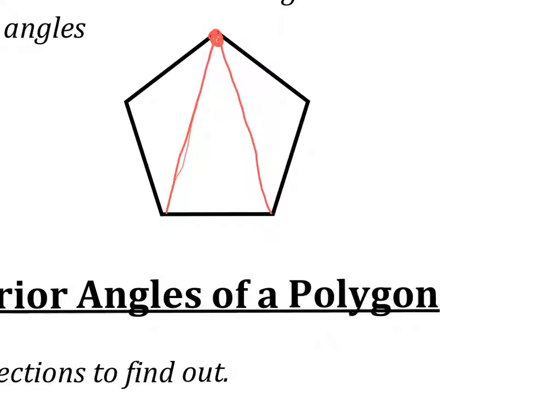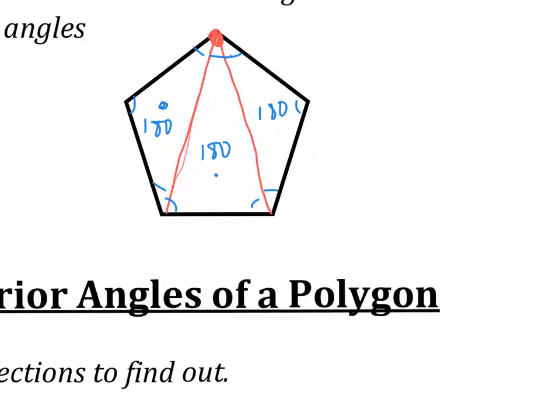So here is the idea. What's the sum of the angles in this triangle on the left? 180. What's the sum of the angles of the triangle in the middle? What's the sum of the angles of the triangle on the right? So these angles all add up to the sum of the interior angles of this polygon.